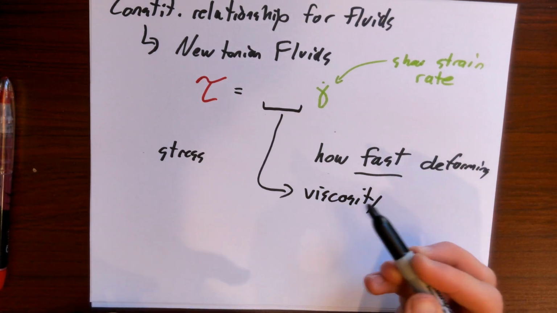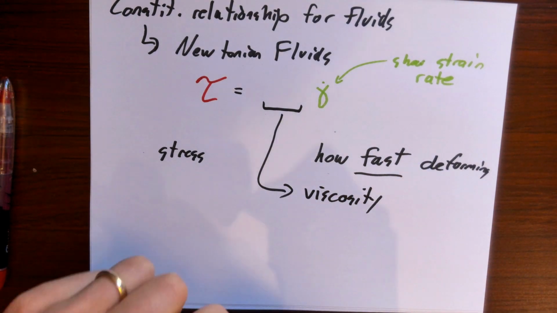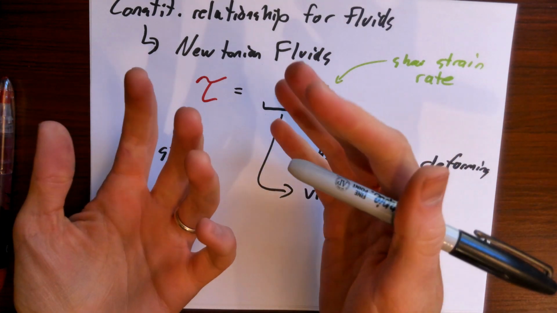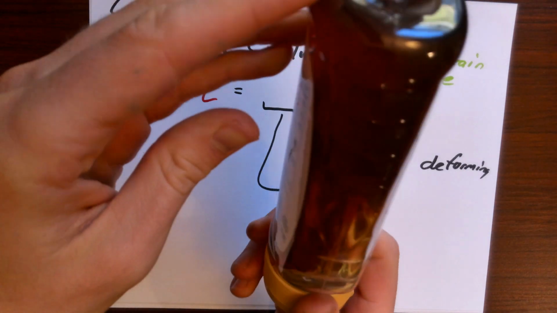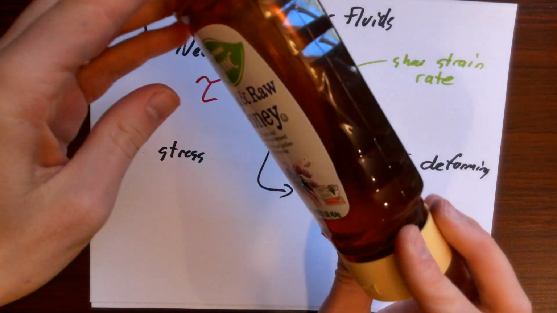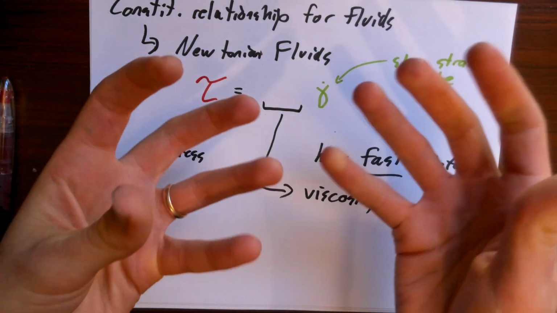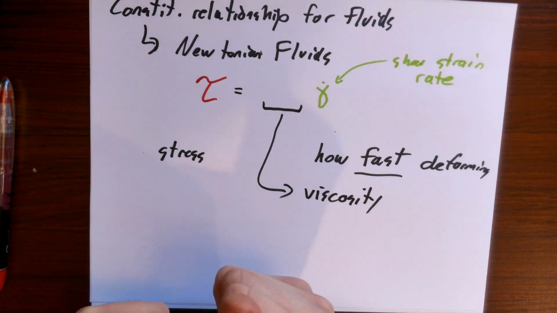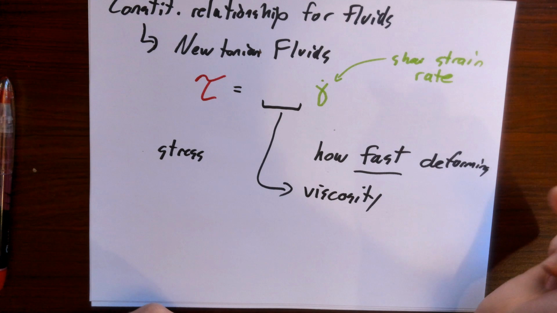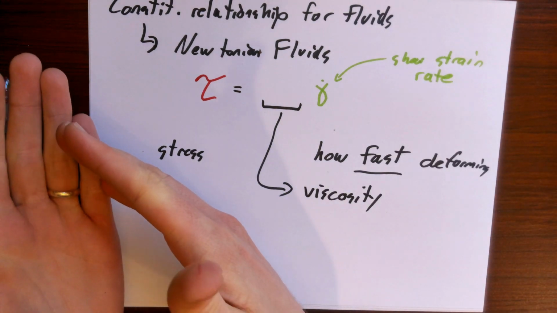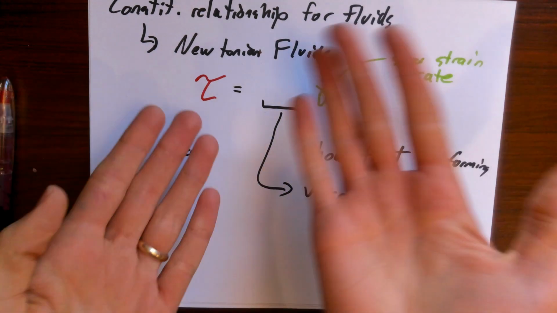You might have heard of viscous fluids, fluids that are very viscous, and fluids that are less viscous. We talked about honey. Honey is pretty high in terms of viscosity. It's pretty thick, pretty oozy, whereas water is less viscous and air is still less viscous. So we have honey on one side, air on the other, and water somewhere in the middle.